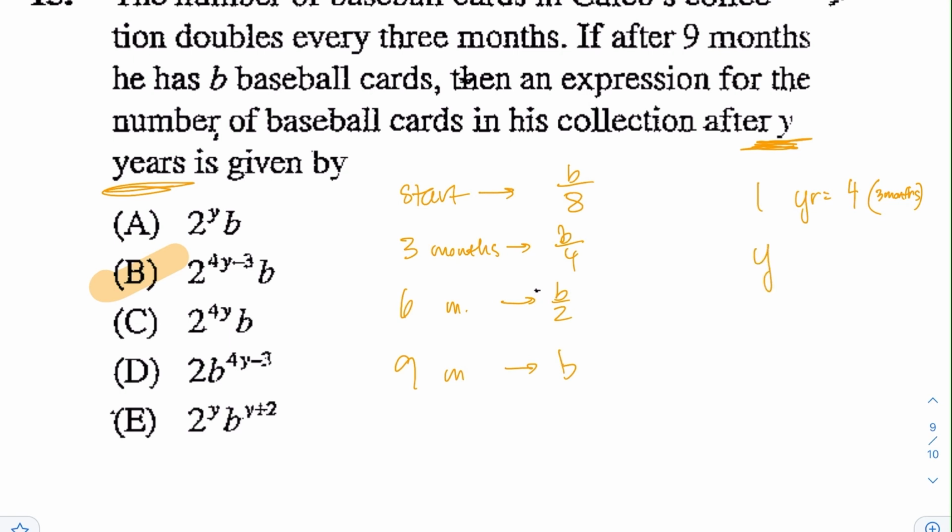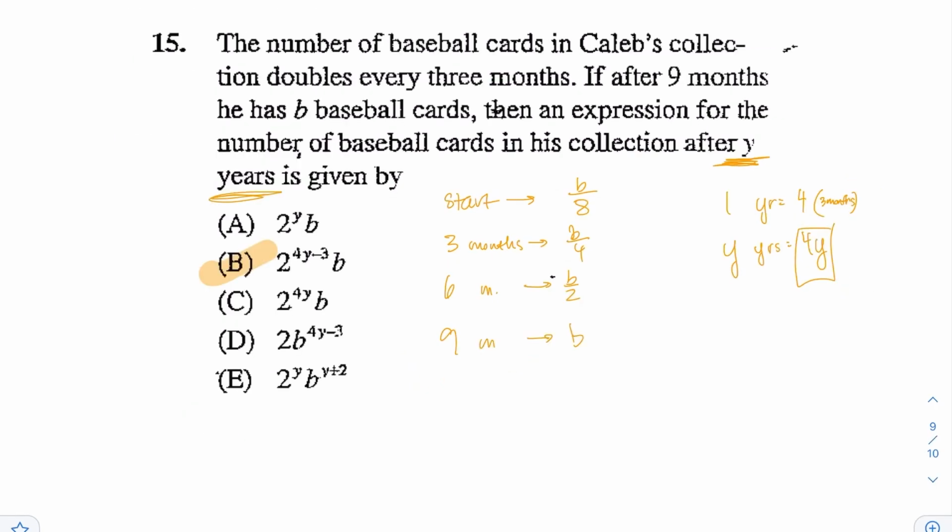So after Y years, you'll have 4Y quarters. And each quarter is 3 months. All right, so that means that you will need to multiply by 2, 4Y times. And a shortcut of doing that is an exponent. So it's really 2 raised to the 4Y power. So that's how many times you have to multiply by 2.